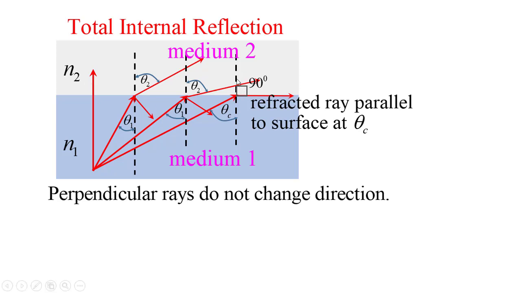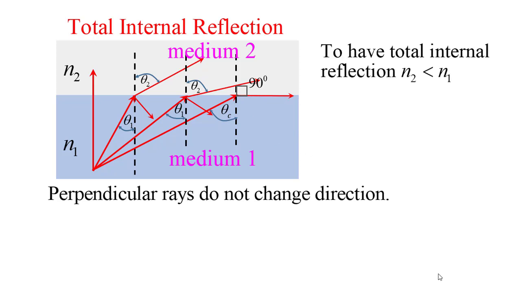That is the angle at which the angle of refraction becomes 90 degrees, so the refracted ray is parallel to the surface at theta c. Whenever the incidence angle becomes theta c, the refracted angle becomes 90 degrees. That angle for which the angle of refraction becomes 90 degrees is called the critical angle.